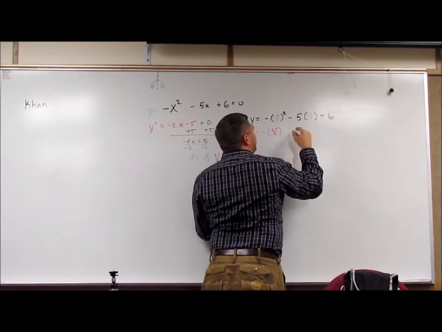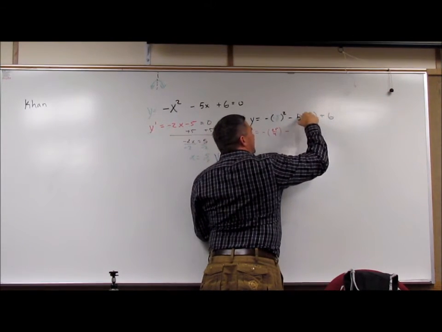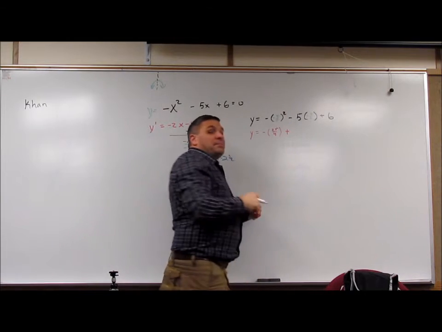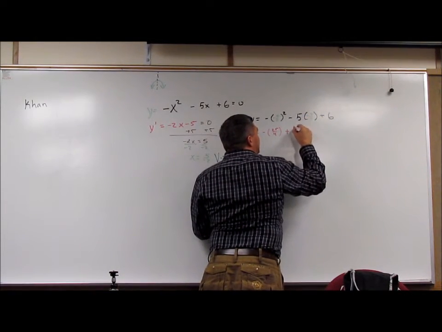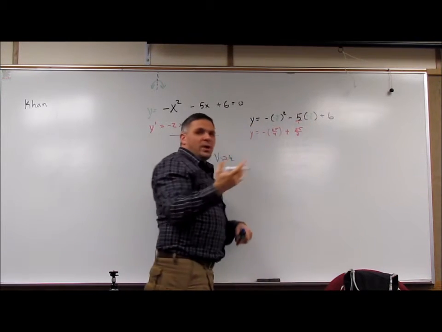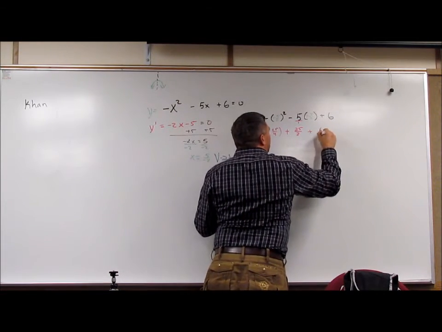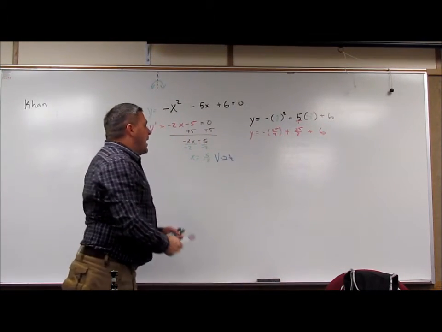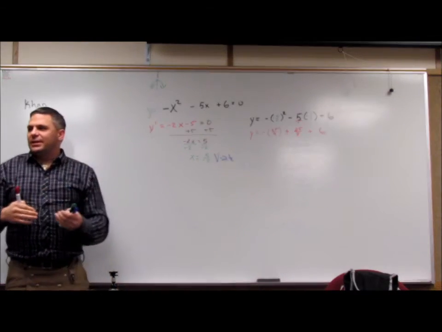And over here, you get minus, and then a minus times a minus gives you a plus. 5 times 5 is 25/2, because this is really 5/1. And then plus 6. And I cannot add these because they're not like terms, are they?